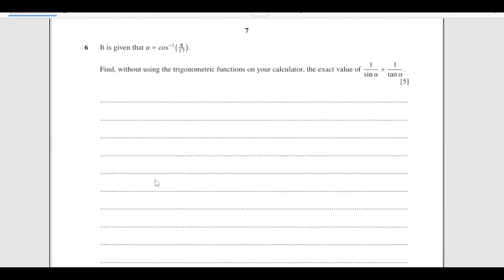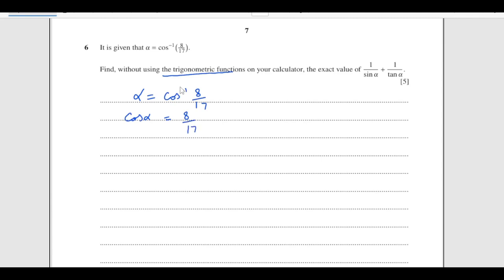Now number 6, it is given that alpha is equal to cos inverse of this, and without using trigonometrical functions on your calculator, find the exact value of this. So we have alpha equal to cos inverse 8 over 17. So cos alpha is going to be 8 over 17.